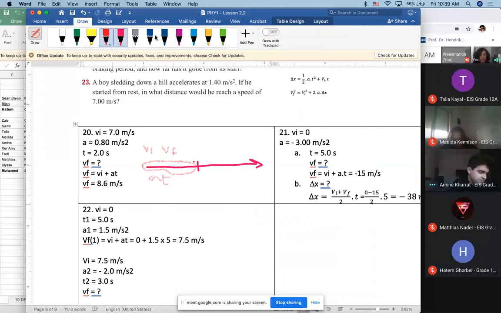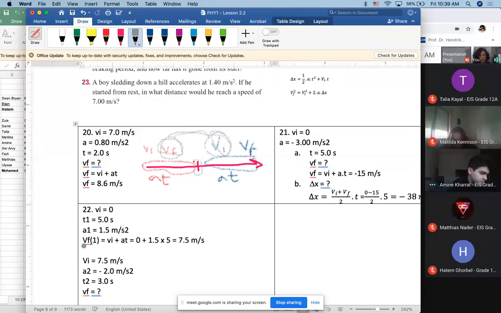In this other part of the trip, you have another V initial, another V final, another A, and another T, okay? The only thing that is really crazy is that the initial speed of this part is the same as the final speed because they are consecutive. Consecutive means whenever this one finishes, the other one starts. So the final speed of this trip is exactly the initial speed of trip number 2.